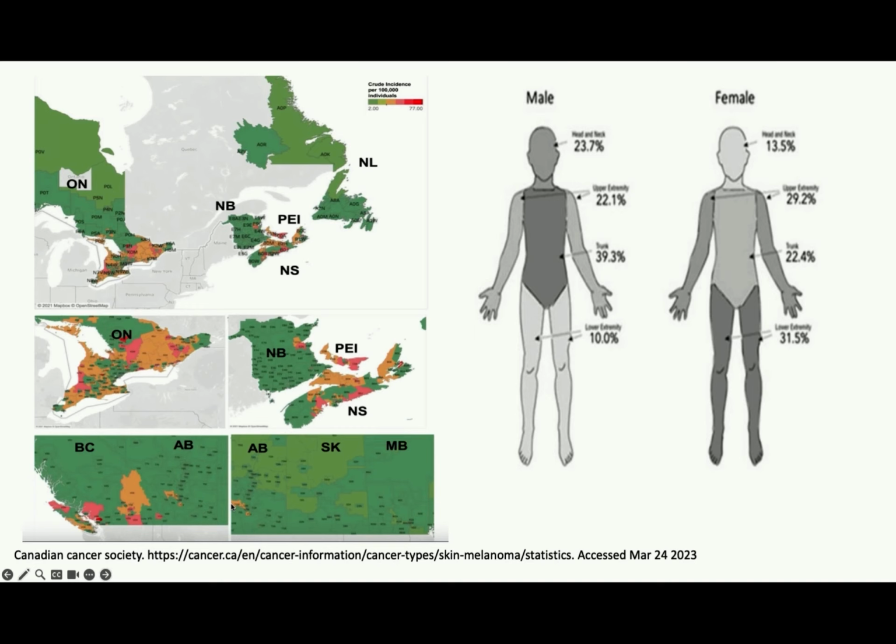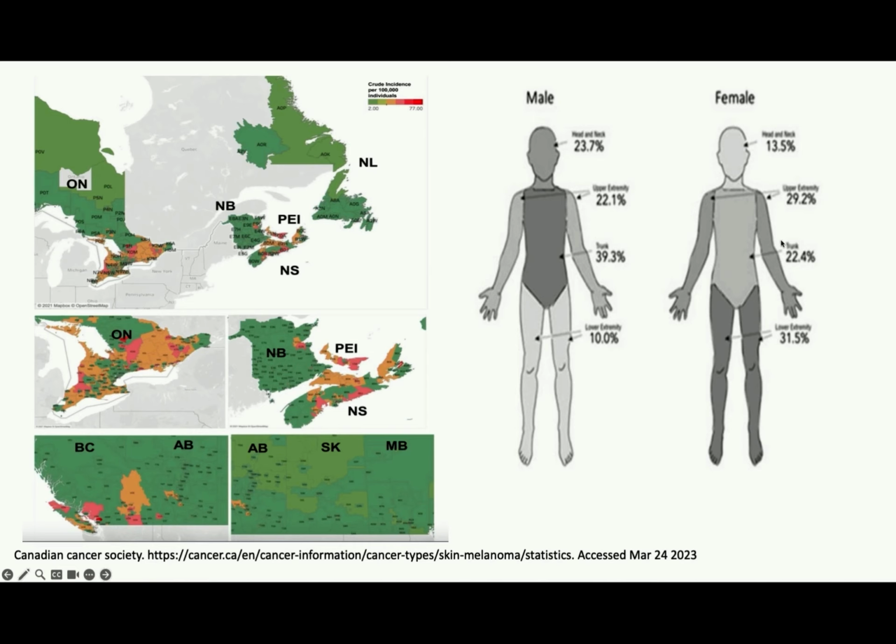But what I found really interesting was the distribution of melanomas on our bodies based on gender. So in most females, majority of the melanomas tend to be on the lower limbs. They tend to be smaller, so I've excised many melanomas from the thighs of women, and they tend to be micromelanomas, so they're smaller in size, very dark looking, innocent looking moles, but when you take a look at them, they're very dark, very pigmented, often come back as melanoma.